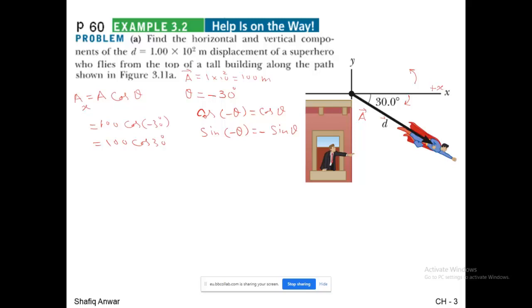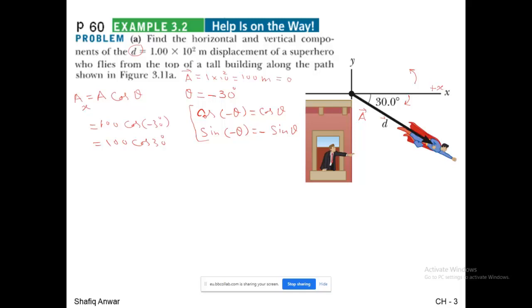These are the two identities we frequently use in trigonometry as a rule. You might have done it in your trigonometry course. A is displacement, in fact. This is A or D, the same meaning. Displacement or A vector is the same.